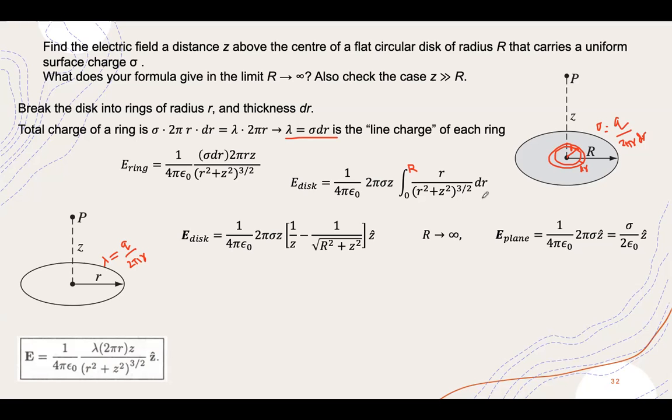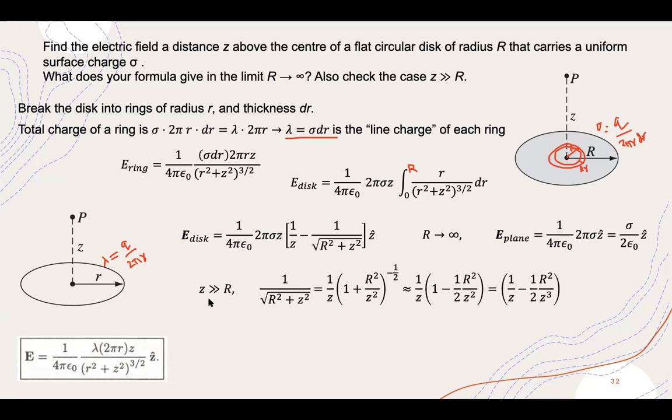Now one can also get very easily the second condition, where z is very large compared to the radius of this disk. So what we have to do here, since z is very large: obviously this is 1 over z, so we cannot make any significant assumption for this, but for this we can.